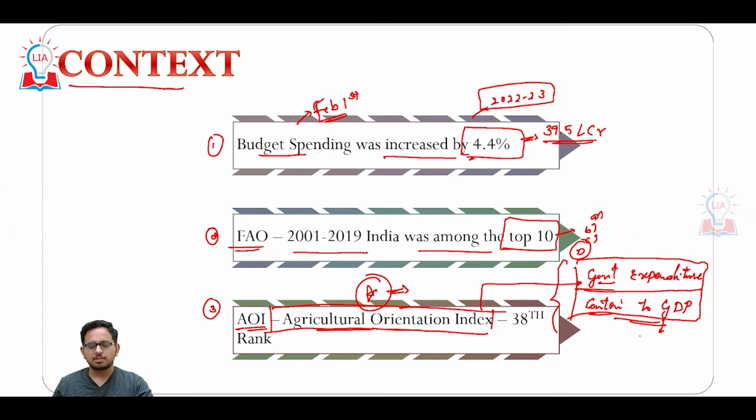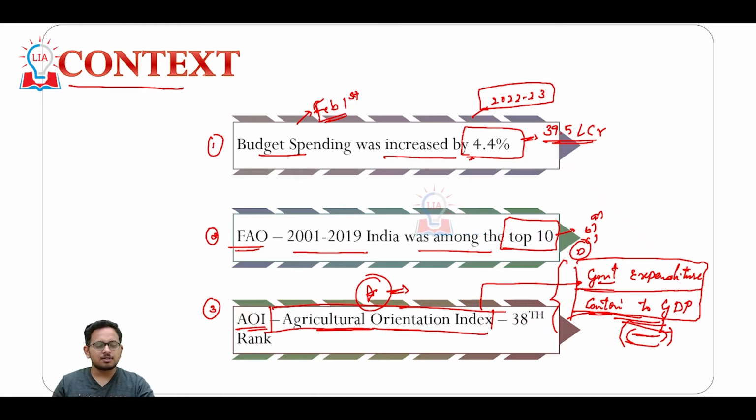In this context, I want you to comment in the comment box: what is the contribution of agriculture to India's GDP? In the same video, we will see if your answer is correct or not.